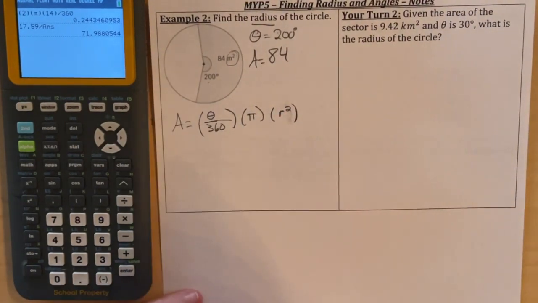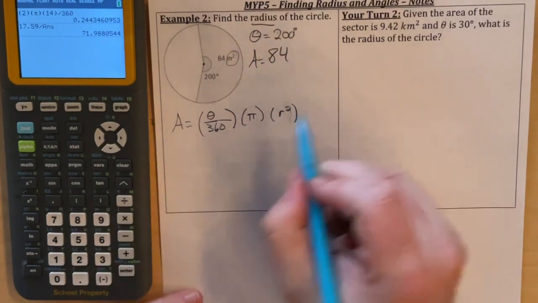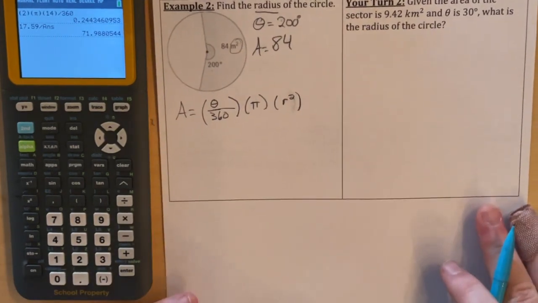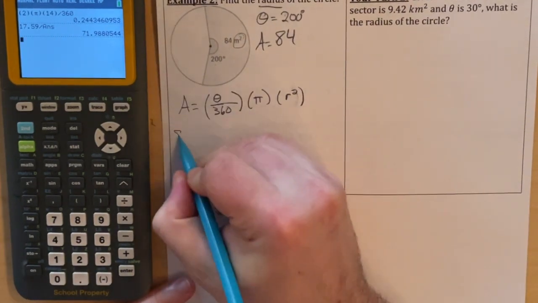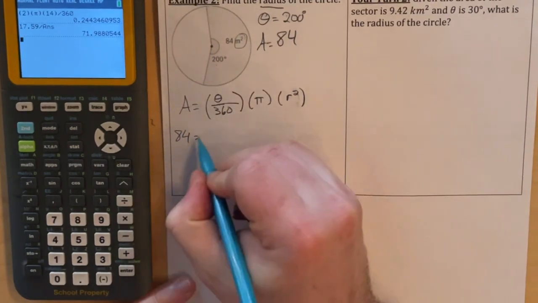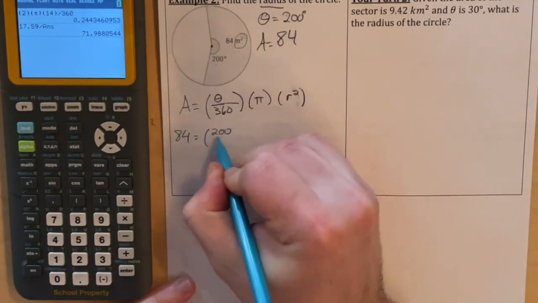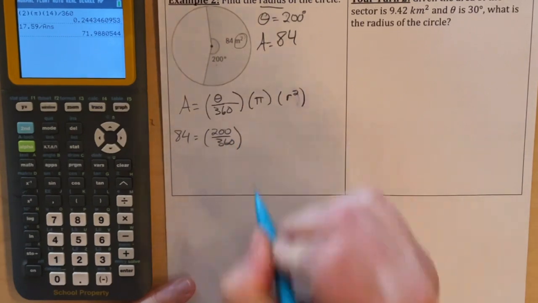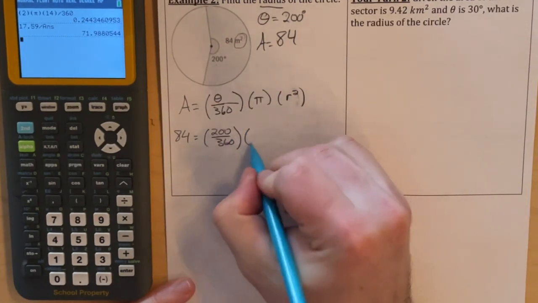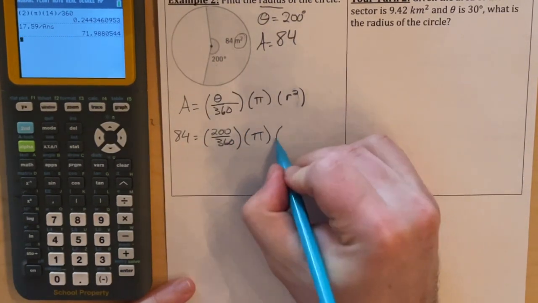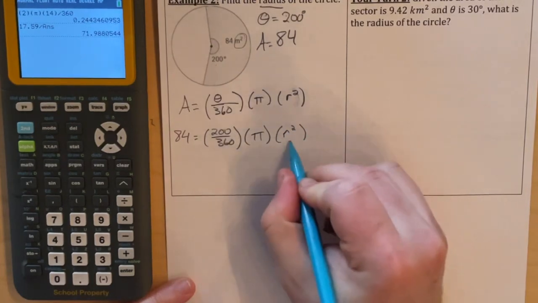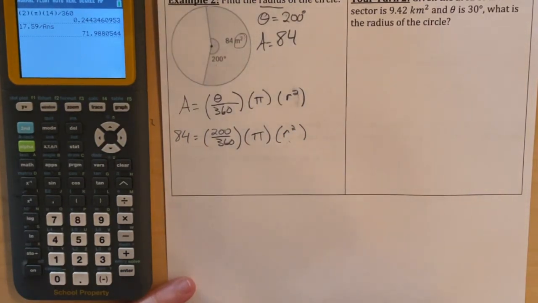So make sure you substitute in your values for your variables. I have that our area is going to be 84. We actually have the angle amount, so we're going to have 200 over 360 because we're talking about the part of the circle. And then we still have pi and radius squared. Again, we don't know the radius, which is what we're solving for.